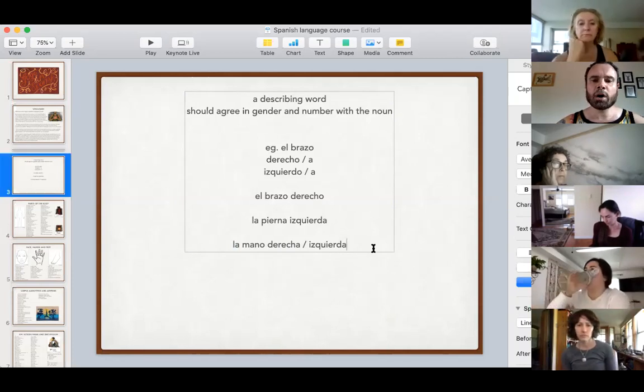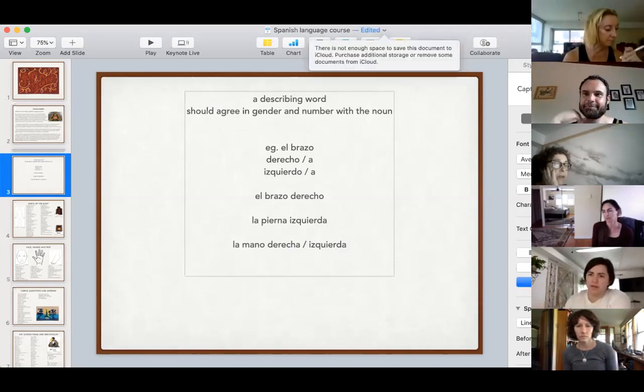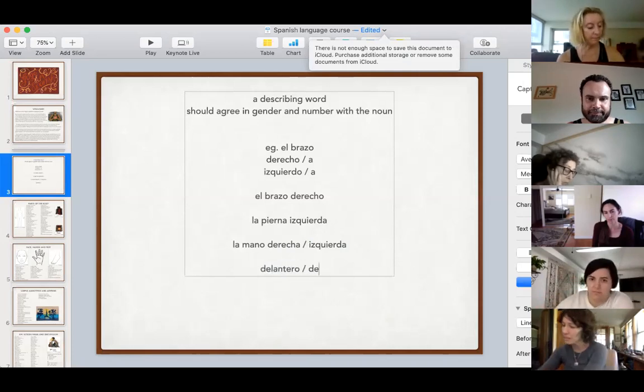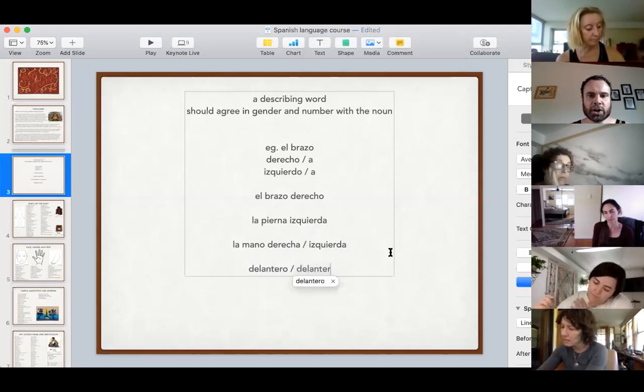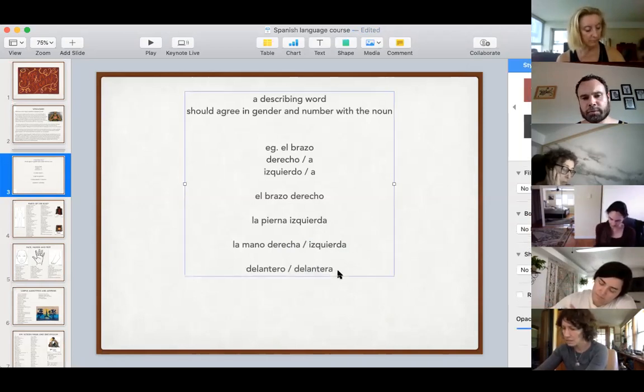Perfect. What about the word for front and back? El frente. What about an adjective to say front? Frontal. Delantero. So, if I wanted to talk about my front foot, I would say what?